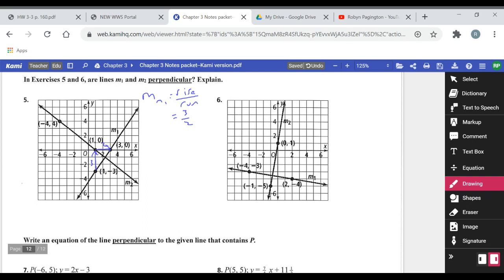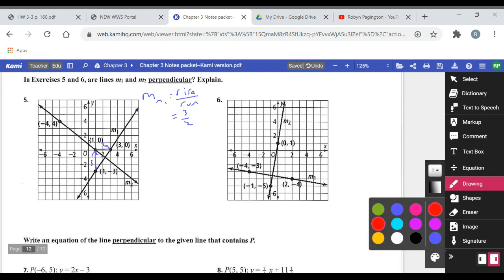Okay, so then for my next line, if I want to find the slope of M2, I can do y2 minus y1 over x2 minus x1. And again, one of my points I'm going to label x1, y1.